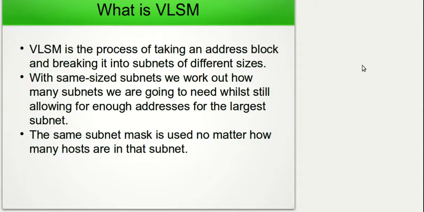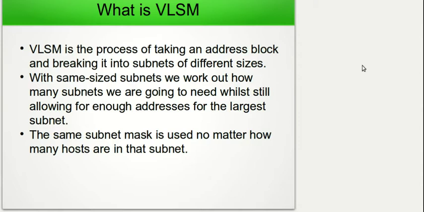So far, the subnetting we've been doing is known as fixed length subnet masking. With fixed length subnet masking, all of our subnets are the same size, and to work out our subnet mask, we work out how many subnets we're going to need, while still allowing for enough addresses for the largest of subnets.